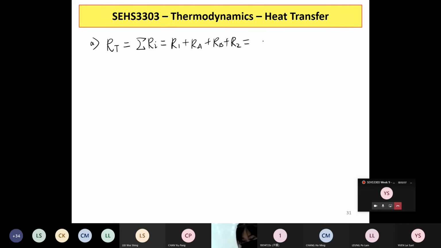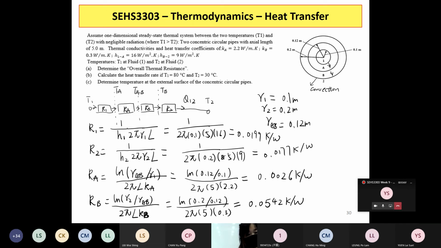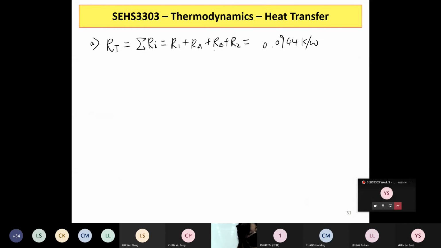What's the number? K per watt. Okay. Very easy, right? The sum of these 4 resistors gives us the total thermal resistance.